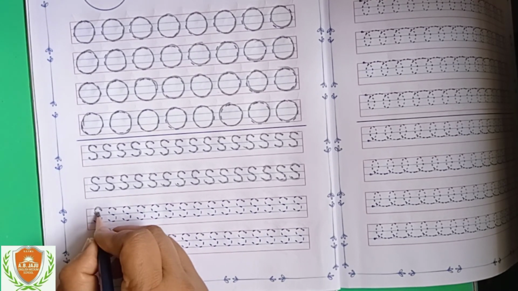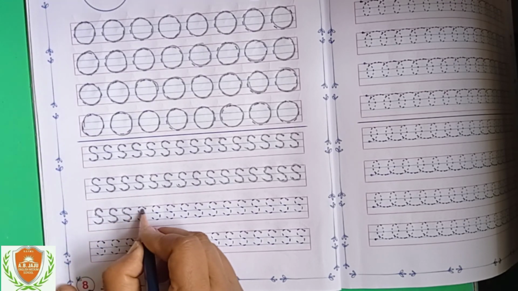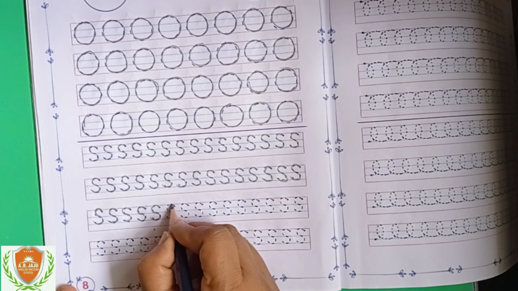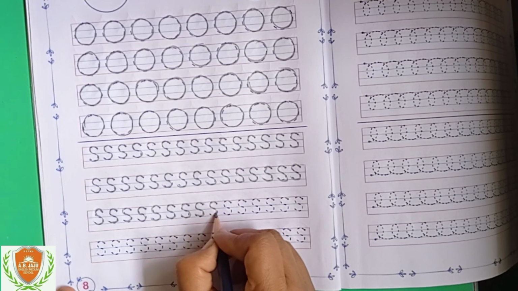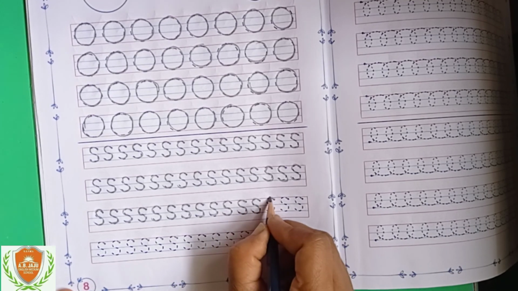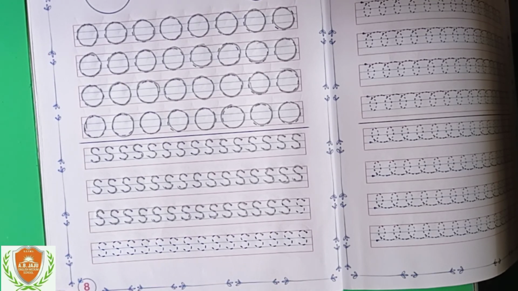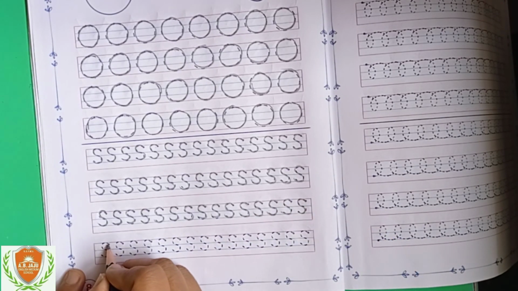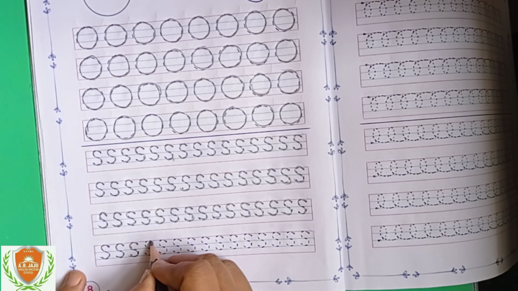Write down in 3 lines. Make a first left curve, swing, make a right curve.